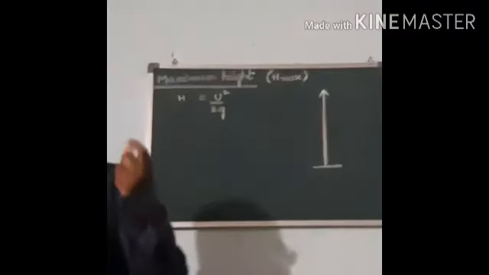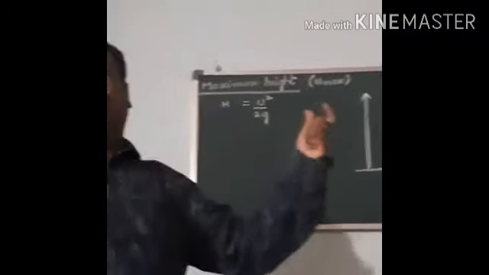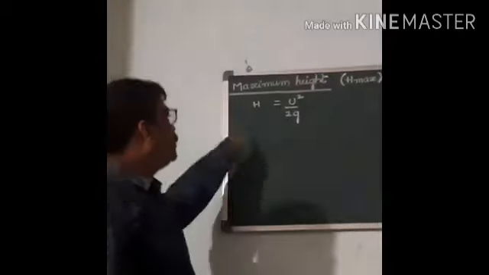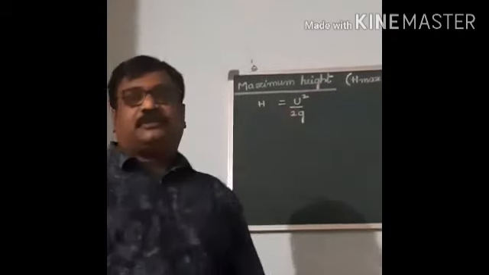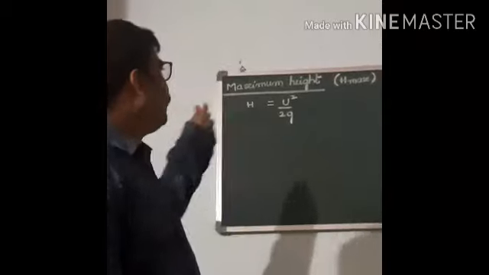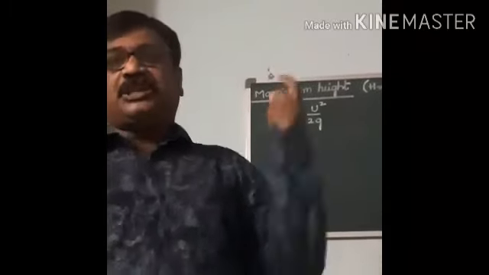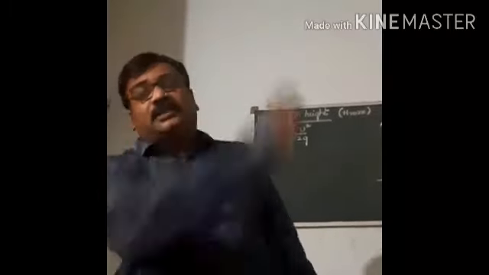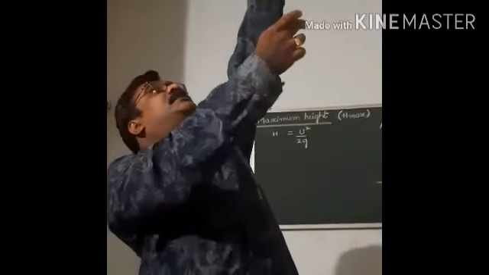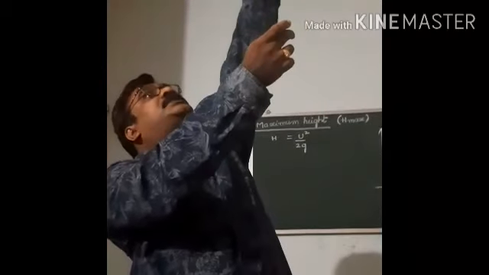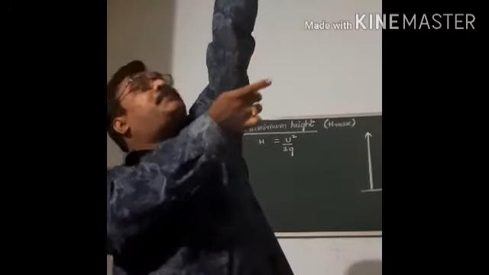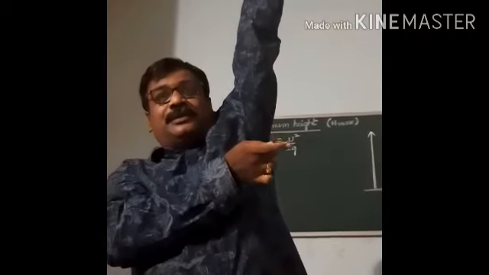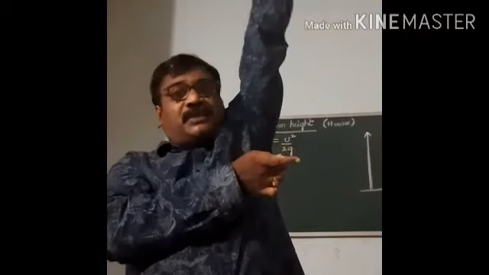The maximum height reached by the object: the formula is h equal to u square by 2g. How do we define maximum height? When an object is projected with some velocity, the final velocity gradually decreases and becomes 0, and then it comes down again.